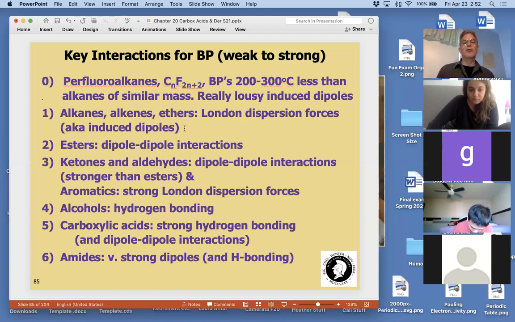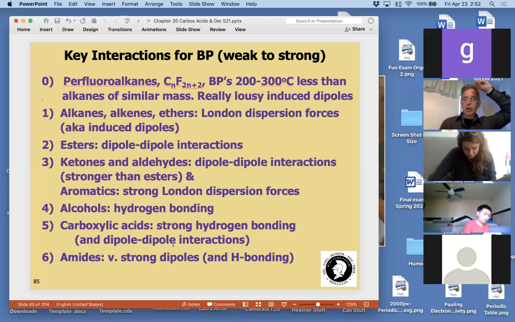Dipoles go from worth ignoring to amazingly strong, and hydrogen bonds go from weak to strong. And actually, we're talking about medium strength hydrogen bonds. There are very weak and very strong hydrogen bonds that are talked about too. We're in the middle range of hydrogen bonding. Okay, so hopefully this helps you put everything together and understand these forces better.